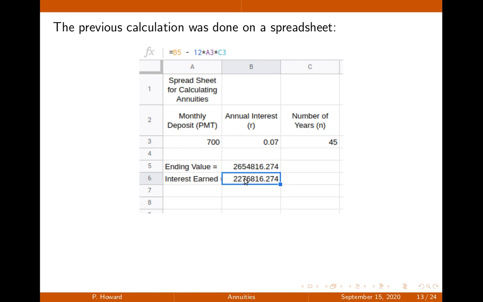And now in cell C6, which is the cell I was in when this screenshot was taken, is the formula for the interest earned on an annuity. Right, the ending amount of the annuity is in cell B5. The monthly deposit is in cell A3, and the number of years is in cell C3.